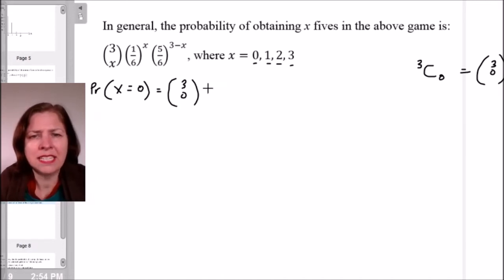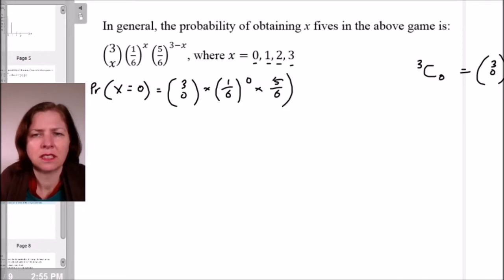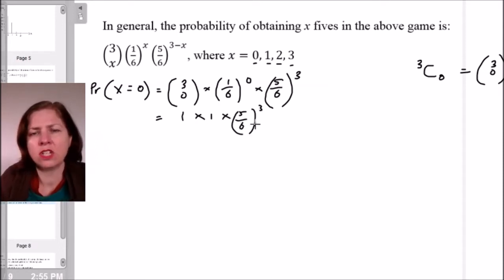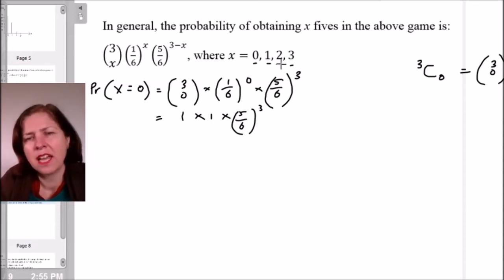Multiplied by 1/6 to the power of 0, multiplied by 5/6 to the power of 3 minus x, so that's 3 minus 0. And that is exactly what we got, where this, in this case, is equal to 1 times 5/6 cubed. And I can do the same for each of these, and this is going to give me my pattern that I looked at before.